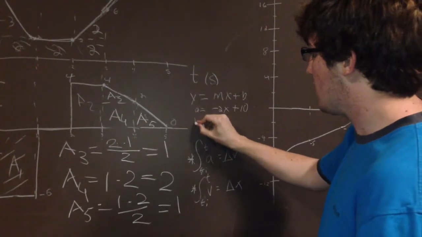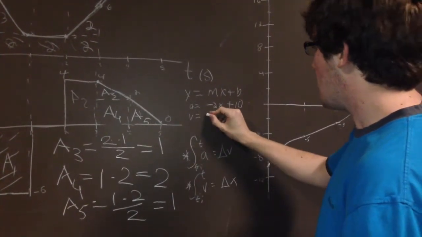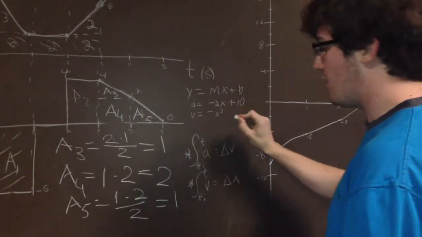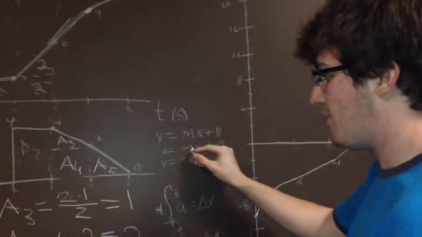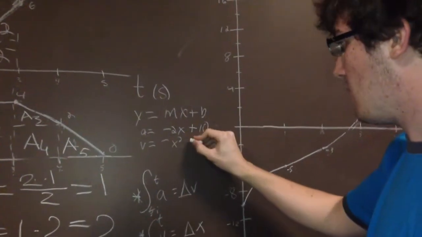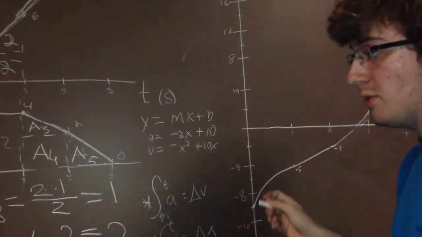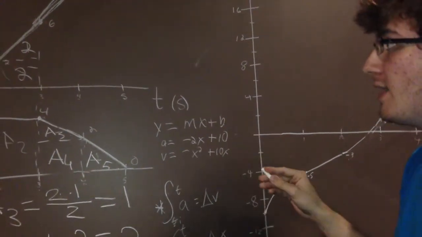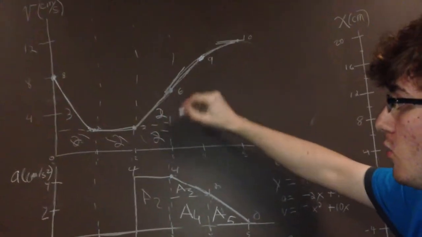So velocity is the integral of our acceleration. So it would be negative x squared, because of integrals we would divide by 2 and add the 2 up here, and plus 10x. We would also have to do the plus c. We figure out our c by plugging in a point.